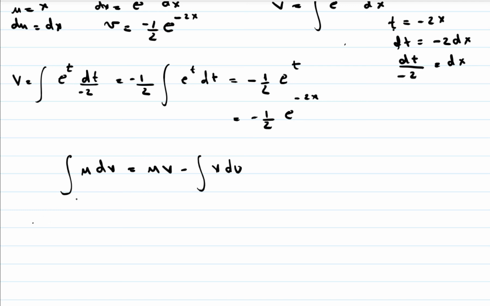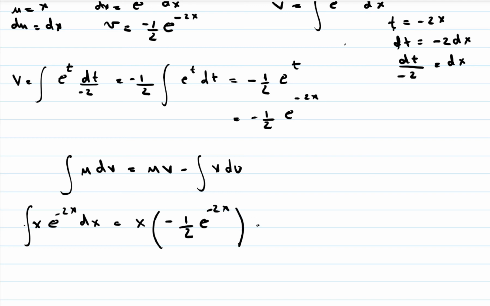This expression you already have, it was x e raised to minus 2x. This is the integral they asked us to find. It is equal to u. What is our u? Our u is x. And then we have here v. We already found the value of v. It was this one here. So this is going to become minus 1 divided by 2 e raised to minus 2x, which was our v.